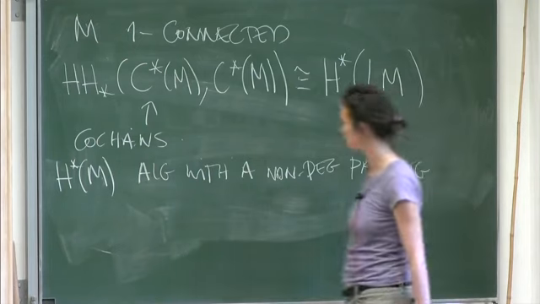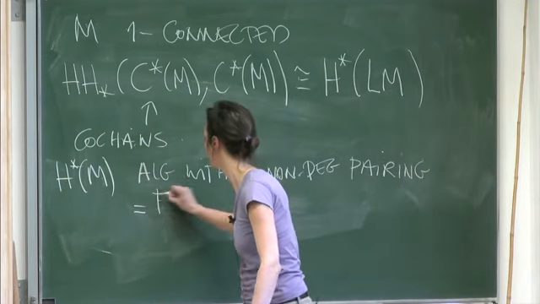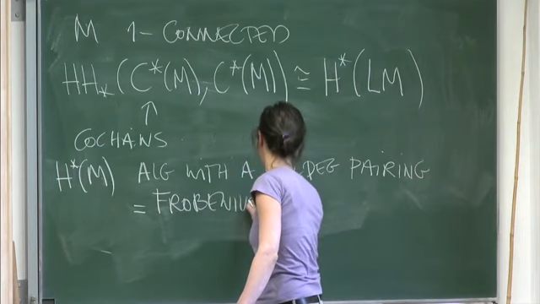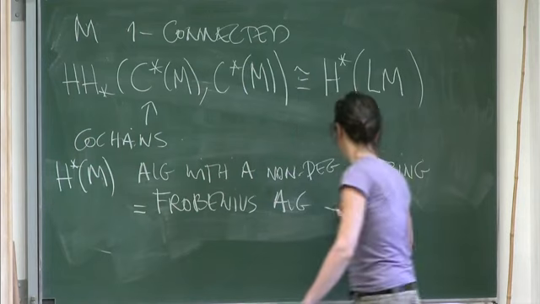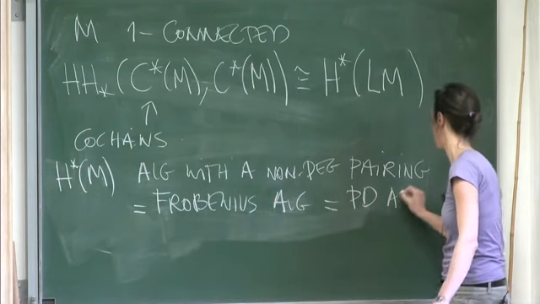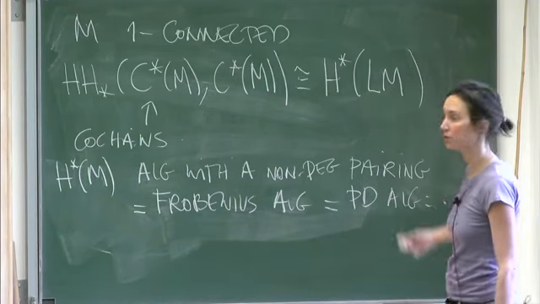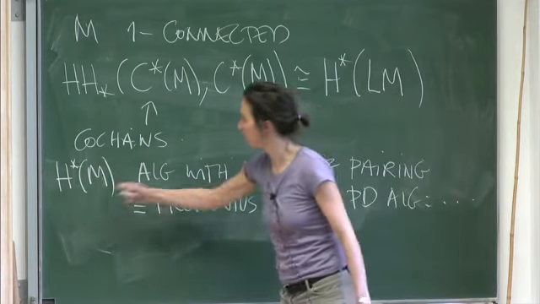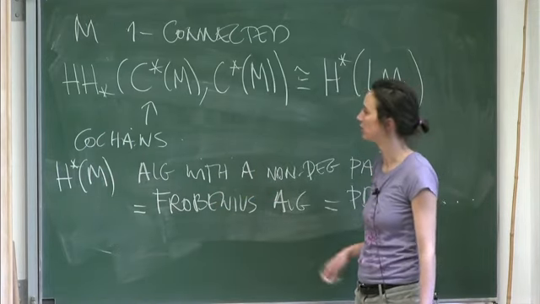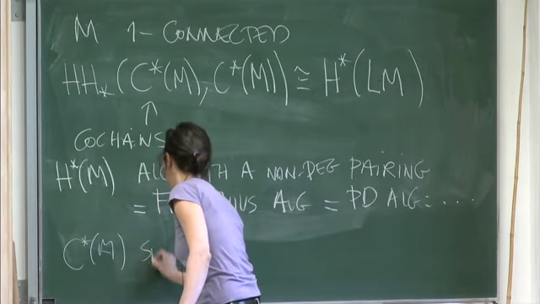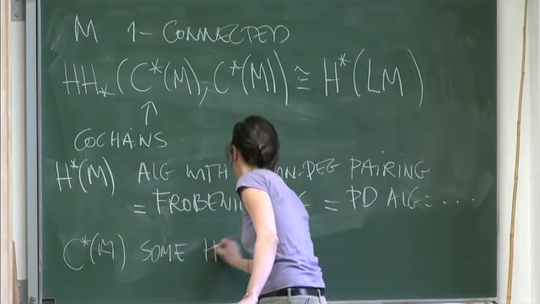I'll just call it a Frobenius algebra. Some people call this a Poincaré duality algebra or whatever you like. Okay, so we know this about the cohomology. Now we should put in the chains. Well, the chains should be some homotopy version of this.